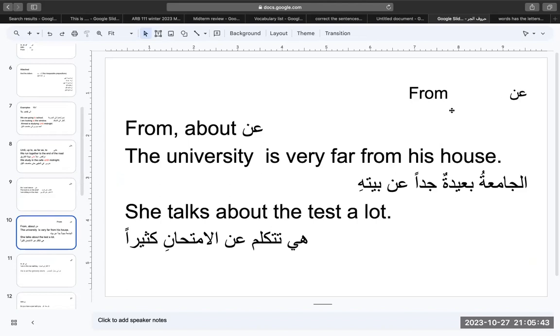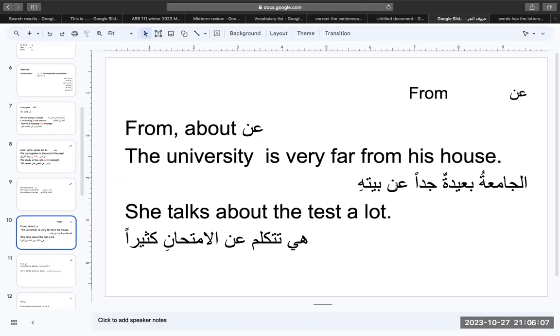عن, which means from. Sometimes عن comes with the meaning of about, and you will see. Here, الجامعة بعيدة جدا عن بيته.